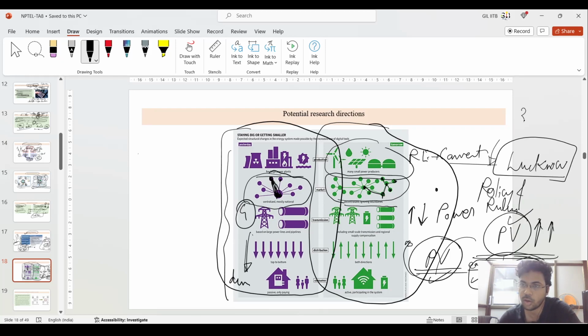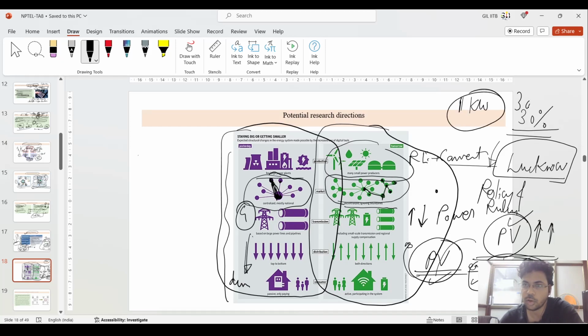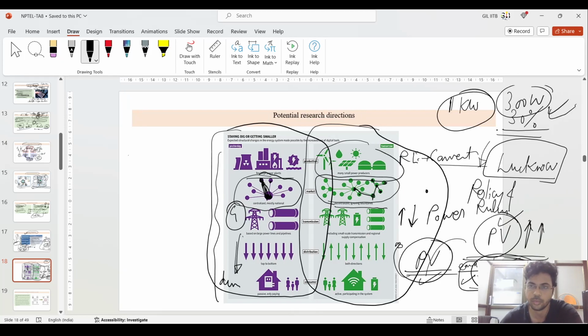Suppose I take the example of Lucknow. Lucknow has a rule such that you cannot install more than 30% of the power which you have taken from the DISCOM. Suppose you have taken a supply of 1 kilowatt, you can only install 300 watts of PV inside your home.